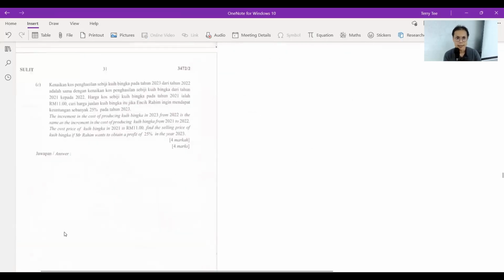Kenaikan kos penghasilan sebiji kuih bingka pada tahun 2023 dari tahun 2022 adalah sama dengan kenaikan harga kos penghasilan sebiji kuih bingka dari tahun 21 hingga pada tahun 22. So first of all, you can see we increase at the same rate, dengan kadar yang sama, so we know that there are 3 years involved, 21, 22, 23.